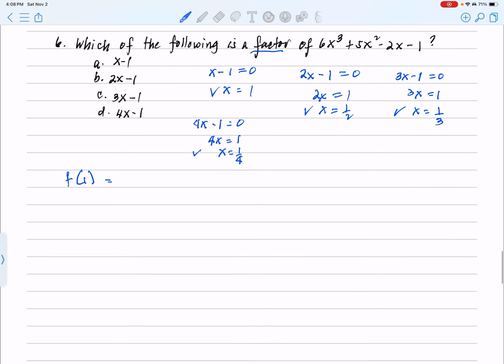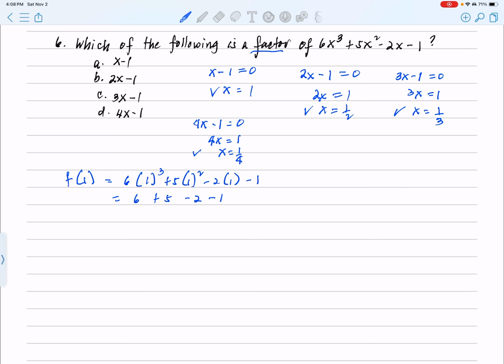Okay, so I substitute x equals 1. So 6 times 1 cubed plus 5 times 1 squared minus 2 times 1 minus 1. Whatever you have with the power of 1 is still equal to 1. So 6 plus 5 minus 2 minus 1. 6 plus 5, that is 11, minus 3.